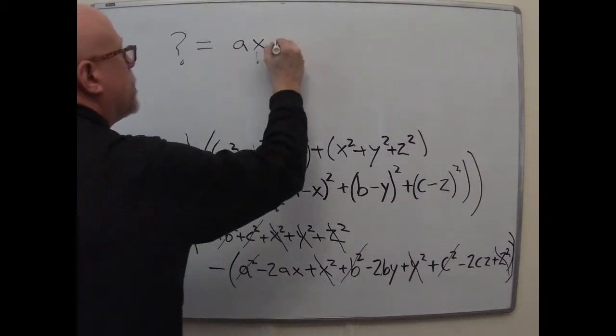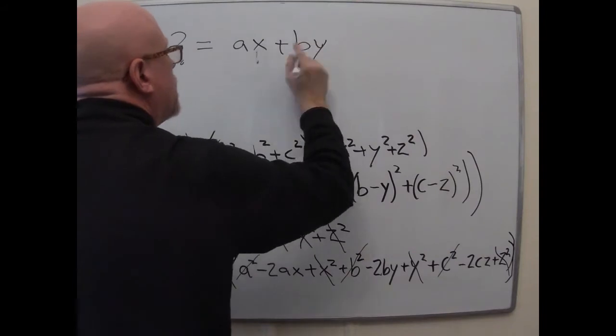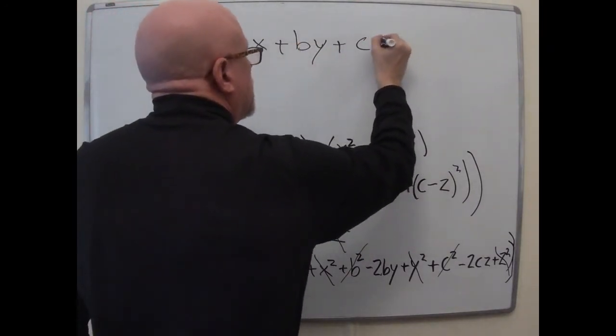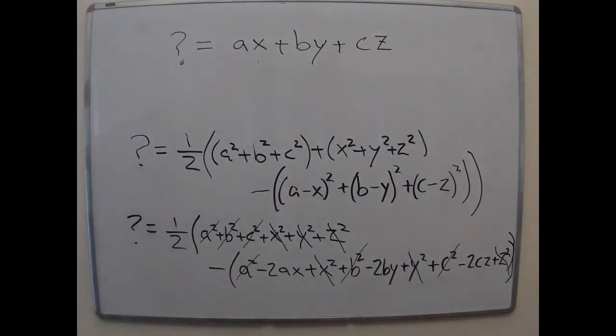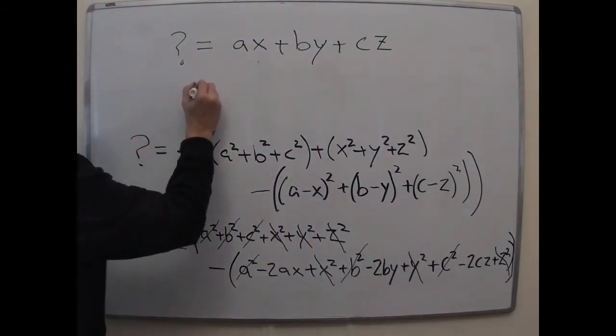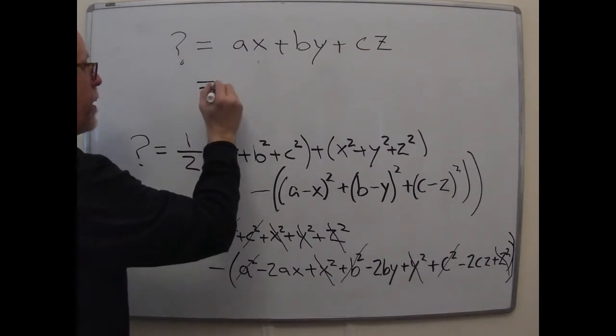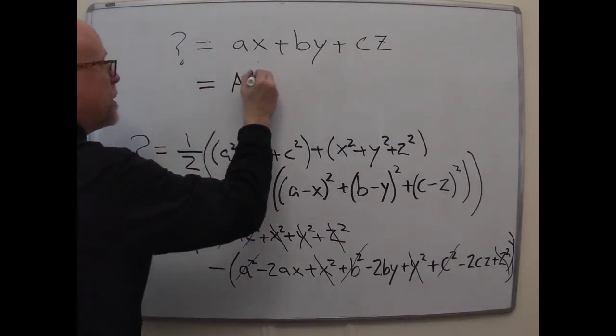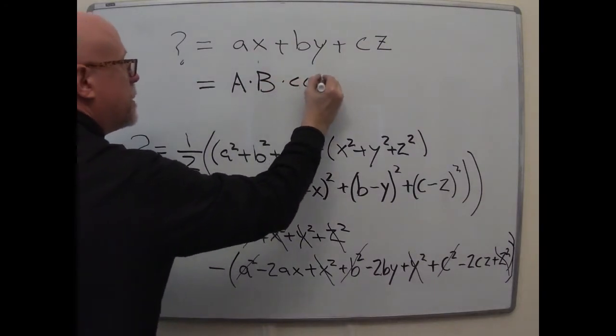ax plus by plus cz. But what else is it equal to? It's also equal to a times b times the cosine of theta.